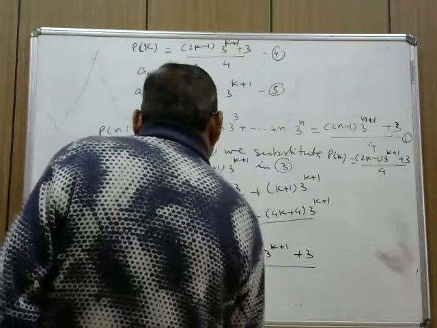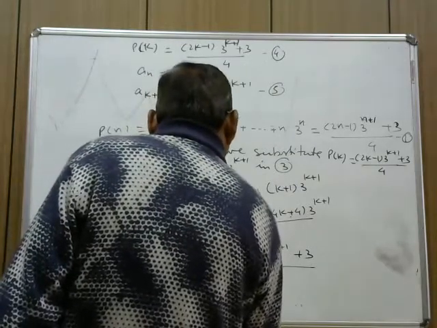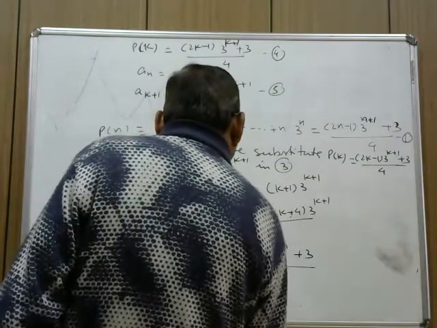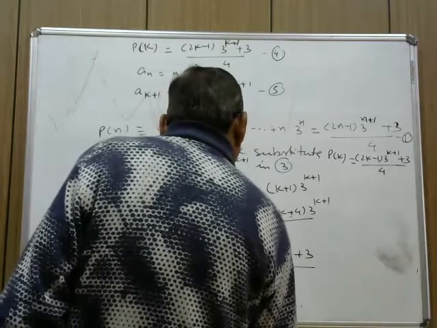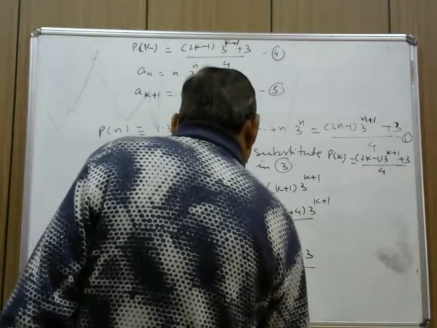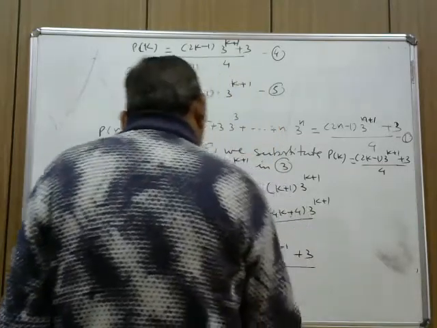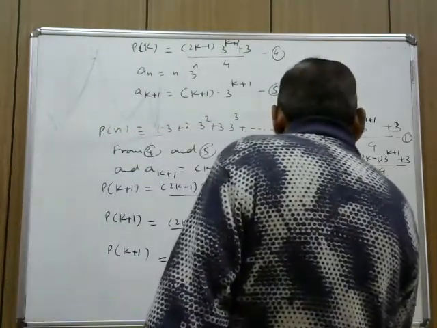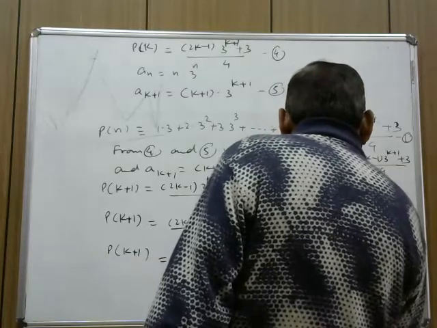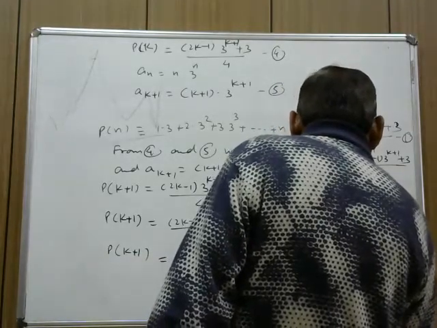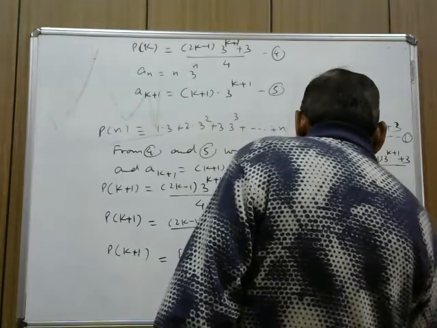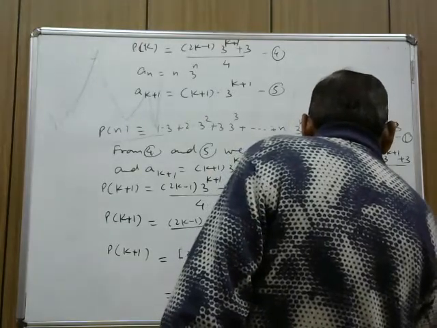So here you can write (6k plus 3) into 3 to the power k plus 1 plus 3 by 4. When you take 3 common, you can write (2k plus 1) into 3 to the power k plus 2, plus 3 upon 4.